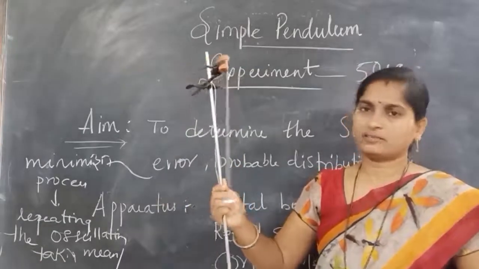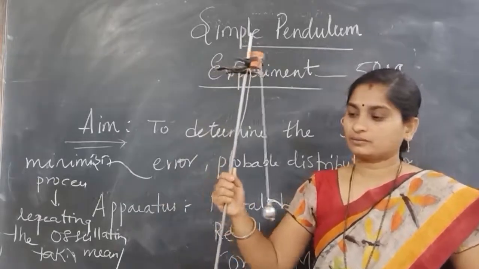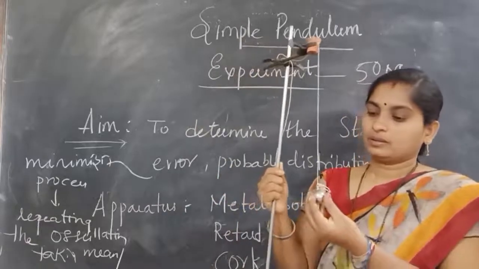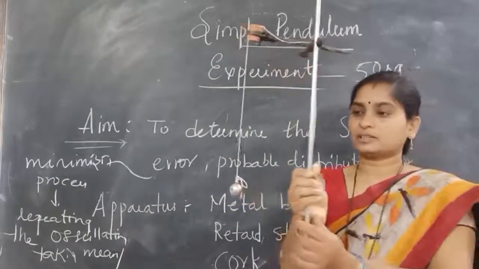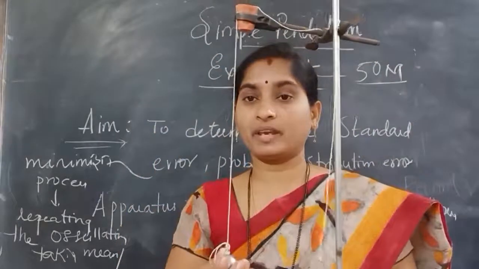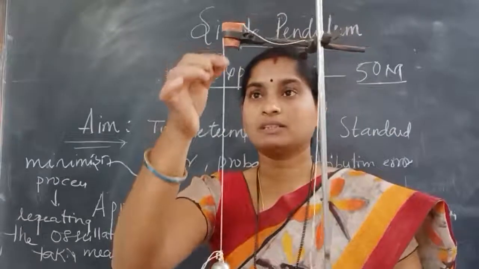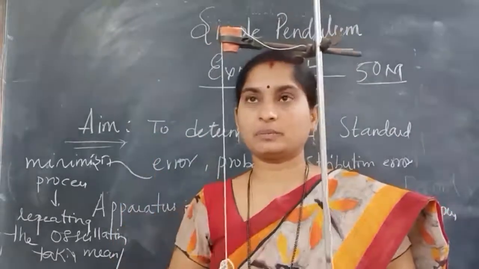I think you have done this previously also. Now, here this metal bob, when suspended to a spring, the spring makes elastic oscillations. Now this is suspended to what?